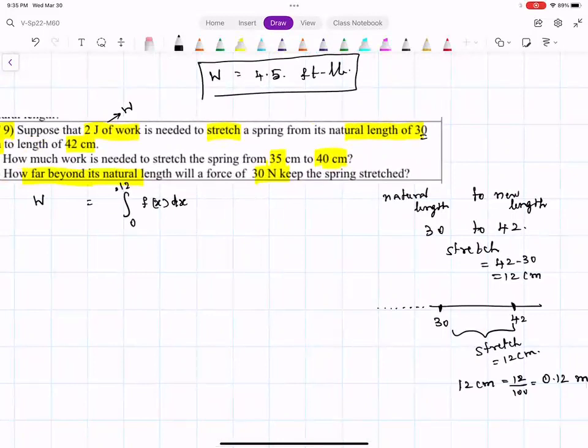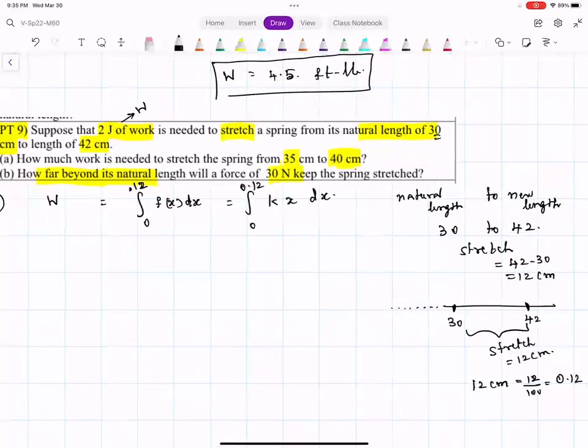Because the work is given in joules, that means it is in Newton meters. So force must be measured in Newtons and distance must be measured in meters. So the stretch is given to be 0.12, and we'll assume f(x) to be k times x. And this information helps us to find what k is. The work is already given to be 2.